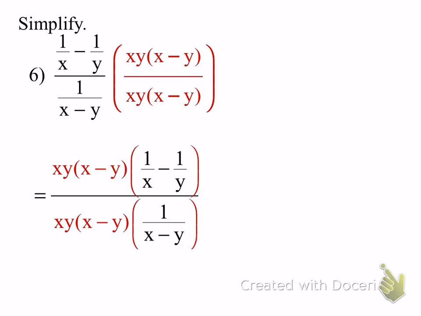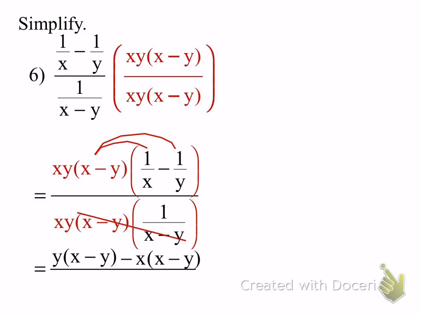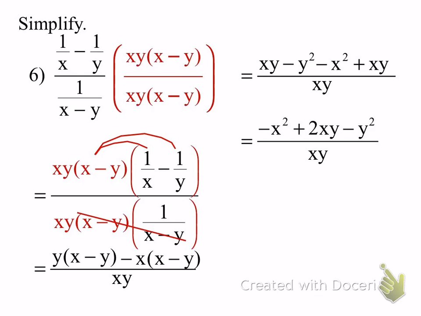Let's do it here. Let me show you. See, if you distribute, look at this. Once I distribute, I combine my like terms, xy and xy, and it looks like a perfect square trinomial, except I have that lead coefficient, so factor out a negative.